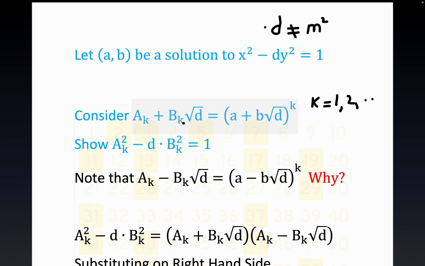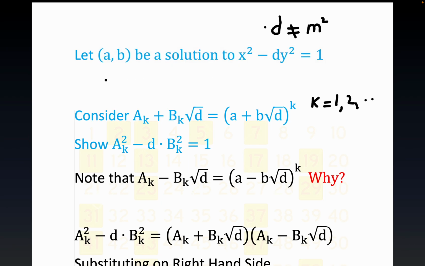Now again, I love the notation here quite a bit, because when you expand this out, you're going to get different constants based on the value of k. So the subscript k is not only identifying, but it's indicative of the fact that depending on the value of k, the values of these constants are going to change. Now what we want to show is that these two constants are actually solutions to this equation.